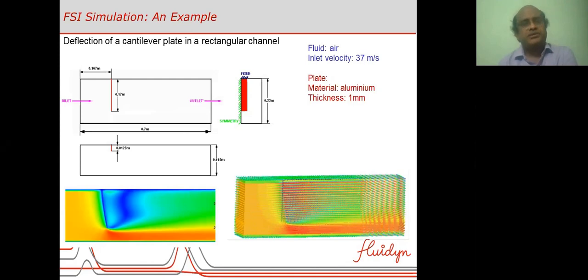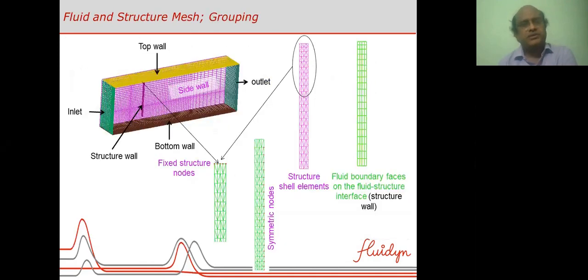So this is a typical mesh used for this problem. We can see that the structure is modeled using shell elements. That is another thing: it is modeled as a shell element, but the fluid element on the left-hand side of the structure doesn't see the fluid element on the right-hand side.